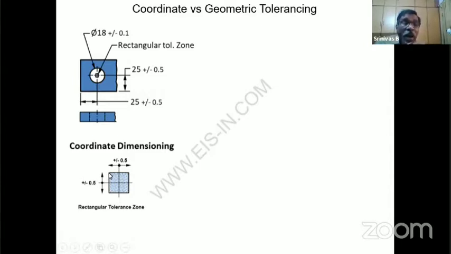Right, sir? Now, I would ask you one tricky question. What is the distance from the 0, 0, that is the theoretically correct location? From here to the right is only 0.5. Am I right, sir?